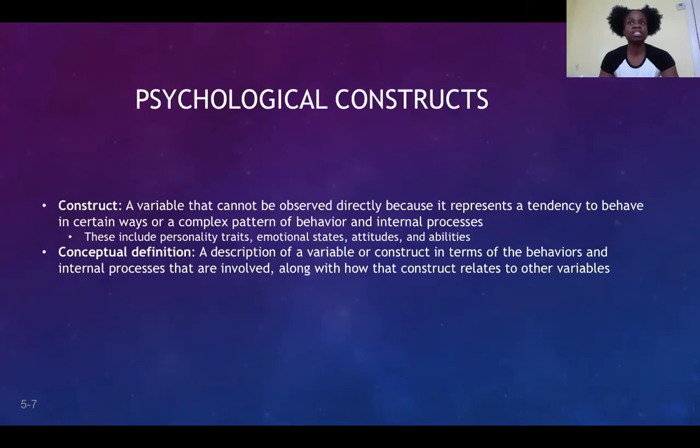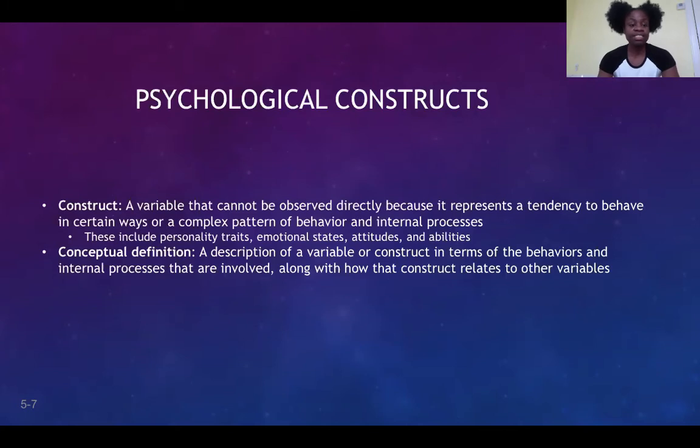Things such as fear, a complex set of behaviors and internal processes, are examples of constructs.